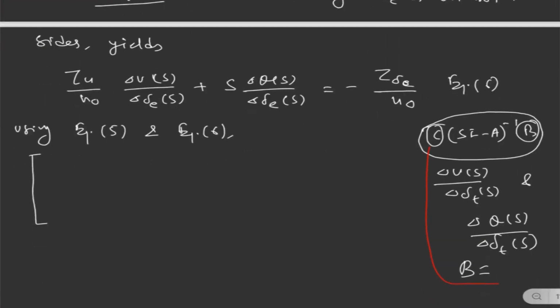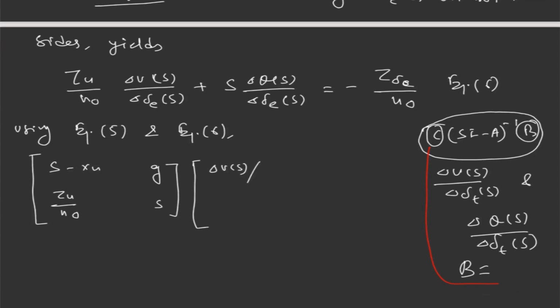So here we'll have S minus X_U, Z_U divided by U naught, S, and the transfer functions delta U(S). Here we are only looking at how delta_E(S) is going to affect the system, I mean the outputs delta U(S) and delta theta(S) with respect to delta_E(S).